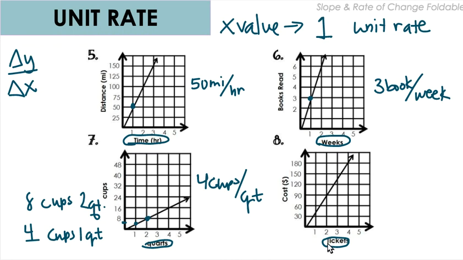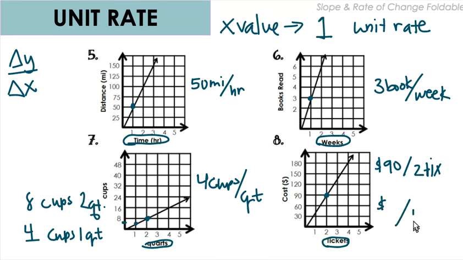Okay, same thing for number 8. I cannot tell where this is at. Do not guess. What you want to do is find the first place where our grid marks cross. It's just like we're finding the slope, okay? And I see $90 for 2 tickets. So $90 for 2 tickets.